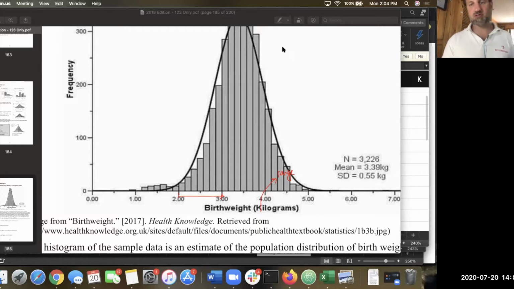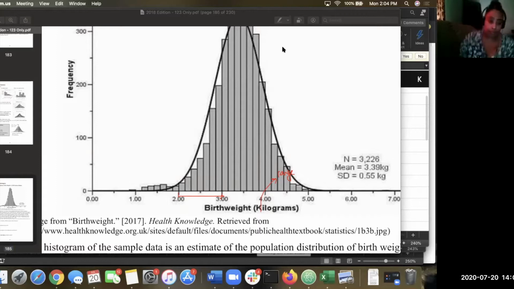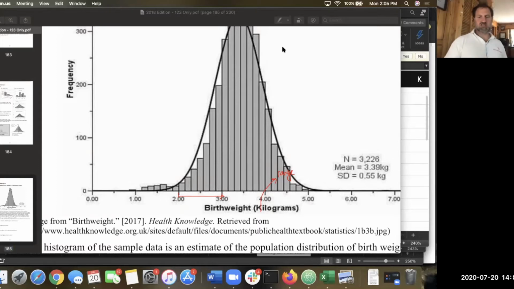How many bars do you see between 2 and 3 kilograms? Is it 7? Yeah, it's 7, right? Don't assume it's 10. A lot of times you would have 10 bars between two things, but not in this case. If you count the bars, there's 7.